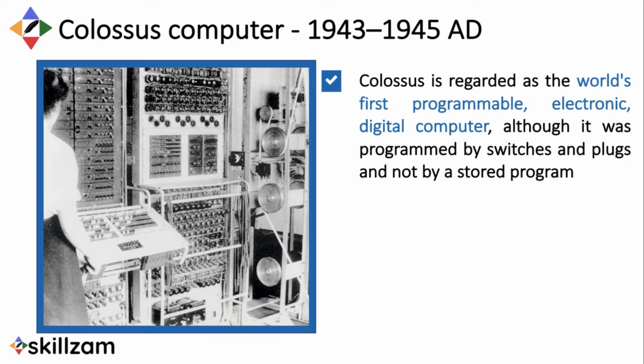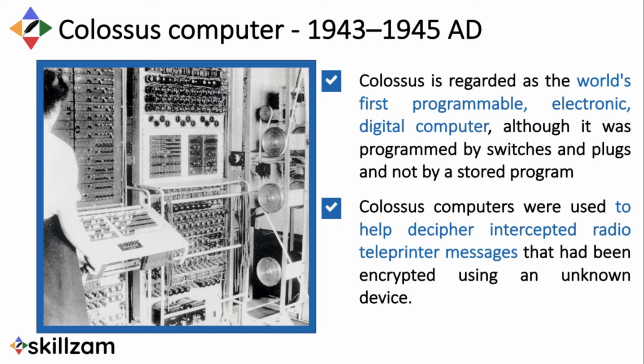Colossus computer is regarded as the world's first programmable electronic digital computer, although it was programmed by switches and plugs and not by a stored program, and it could never be reprogrammed as well. So Colossus was used to help decipher intercepted radio teleprinter messages.